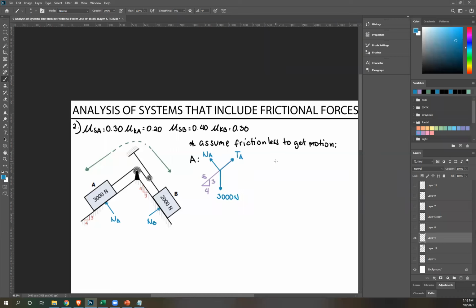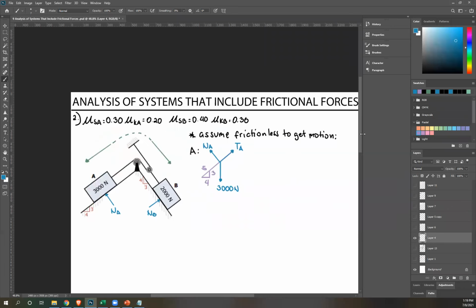Next step is to figure out the slope since we're not given the angle. Now, usually, when we have systems involving pulleys and cords, the resultant of this motion would be equal to the tension because this tension will carry the entire force on the opposite side.